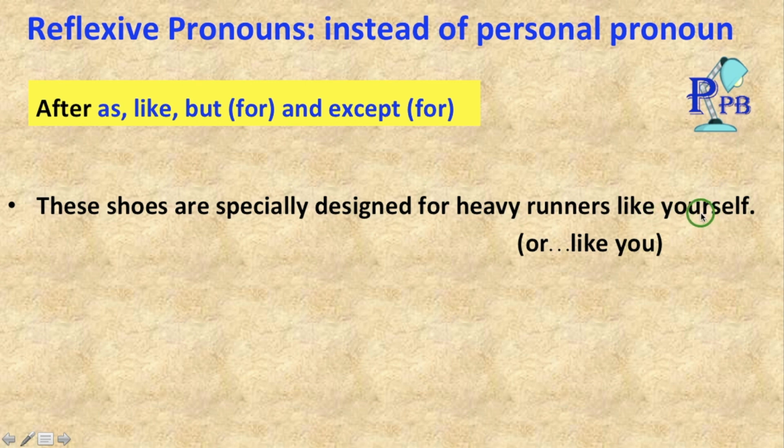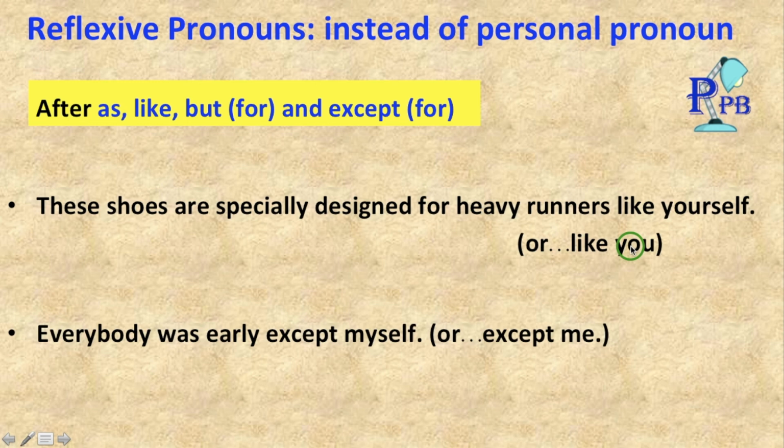So here we can use both yourself and like you. So in that case, with these words, we can use both a reflexive pronoun and a personal pronoun. More examples like these: everybody has clearly except myself or except me. Both are correct.